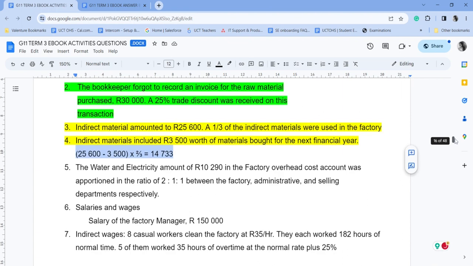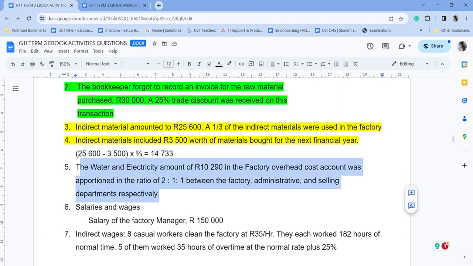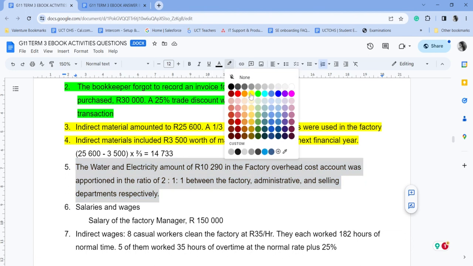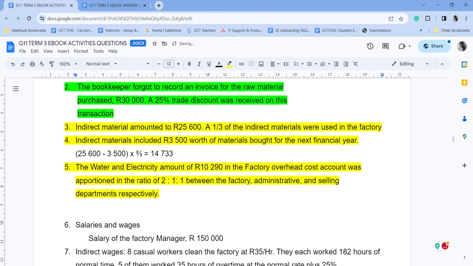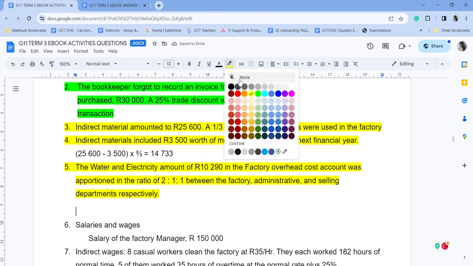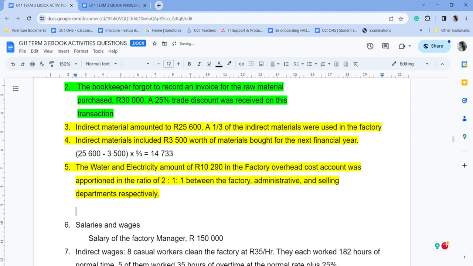Okay, so water and electricity here, let me highlight that. It's part of my indirect, so I'm going to give it the same color. So water and electricity, they say it amounts to 10,290. And then they're telling us that this is shared in a ratio of 2:1:1 between the factory, administrative and selling departments.